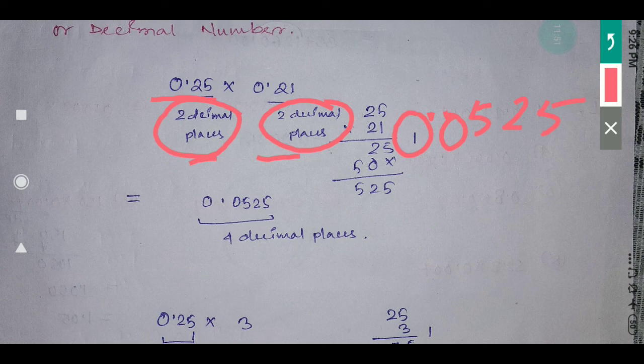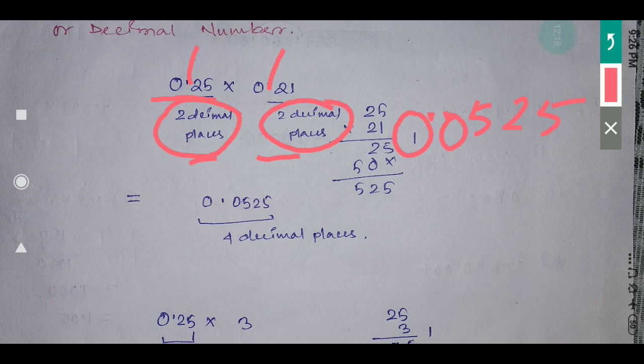That means if you have to multiply a decimal number with a whole number or a decimal number, first of all you remove the decimal. Imagine it, don't completely remove it; while doing the multiplication you simply take the whole numbers. If I remove the decimal it will be 25, and if I remove the decimal it will be 21.